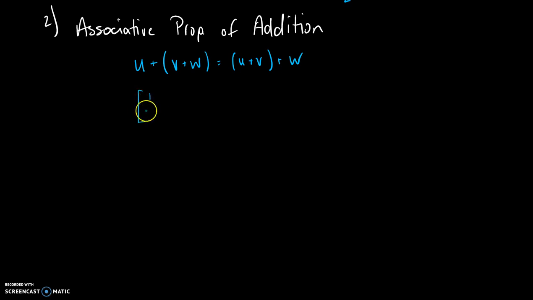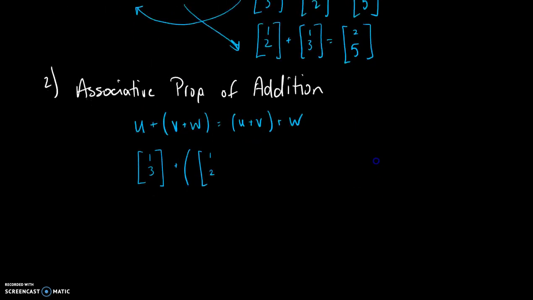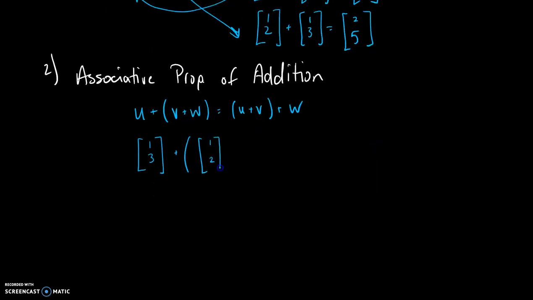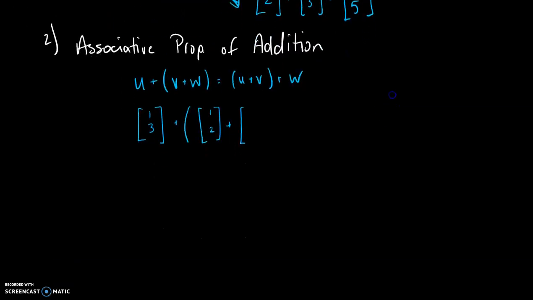Okay? So basically, if I have (1, 3) plus, and we put this in parentheses, (1, 2), plus, what do we define as w? We define w as (2, 1). Well, let's think about it.